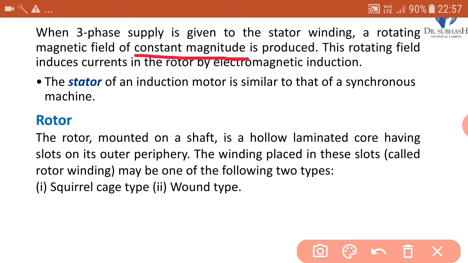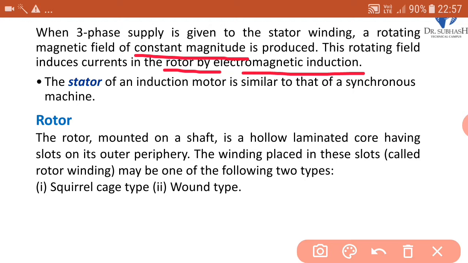This rotating field induces currents in the rotor by electromagnetic induction. So this process is just the same as a transformer. In a transformer, we know that whenever we give supply to the primary, we get induced voltage at the secondary side, and this is done using electromagnetic induction.